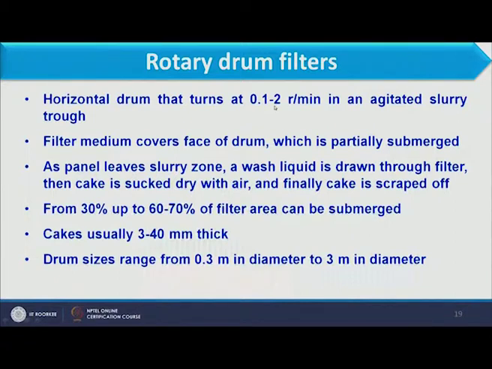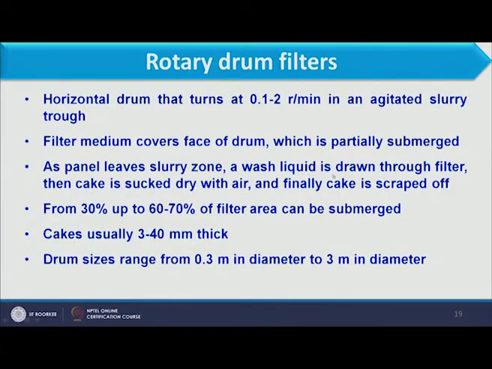Further, it is a horizontal drum that runs at 0.1 to 2 rpm in an agitated slurry trough. The filter medium covers the face of the drum, which is partially submerged. So you see the filter media covers the whole drum, but only some of the section is submerged in the slurry.